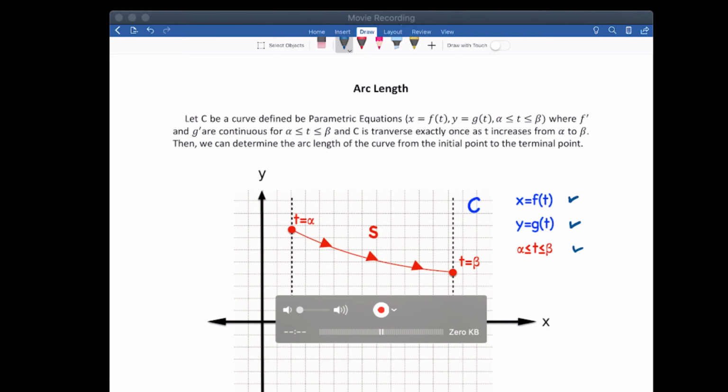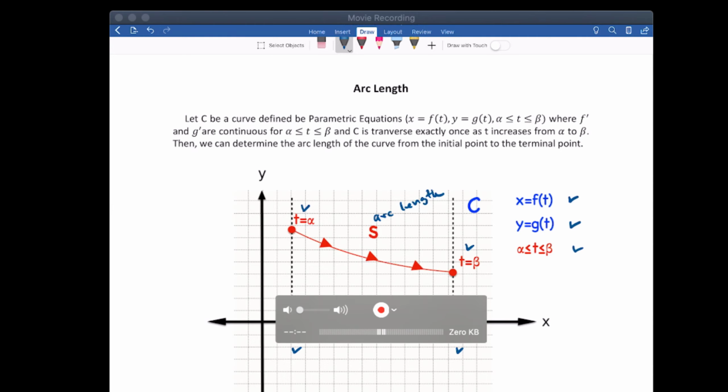Here's an arc length question where x is a corresponds to t being alpha, and x is b corresponds to t being beta. And of course, you have the orientation of your curve. We want to find s, the arc length again. What's the distance along the curve, even if you have parametric equations?